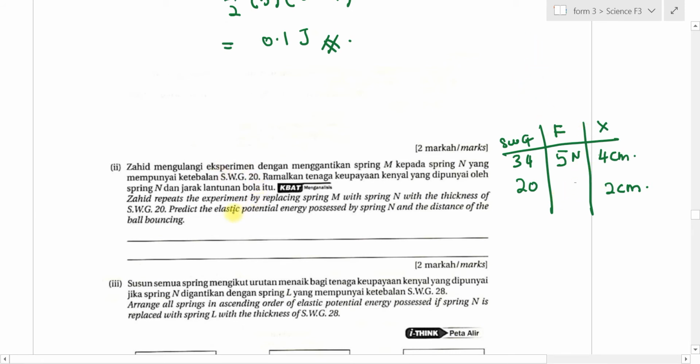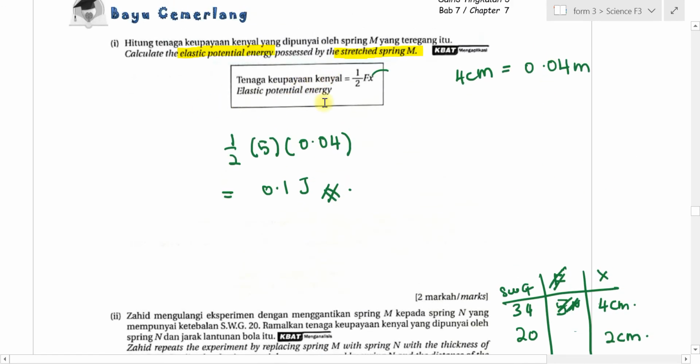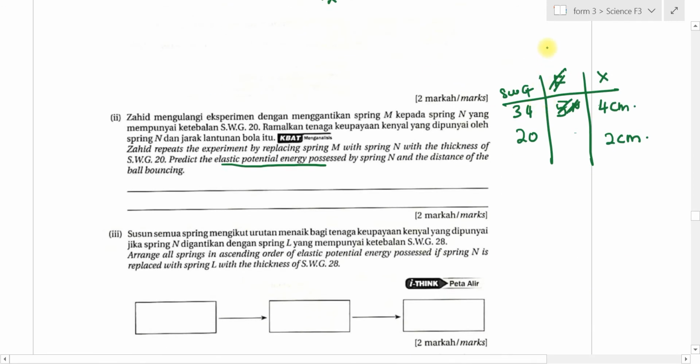But then they're asking the overall elastic potential energy, so I think the force is not needed here. We need the energy. When your x is decreasing, your energy is automatically decreasing, because you see your formula, half Fx equals energy.